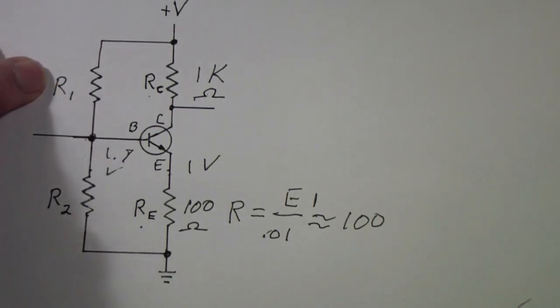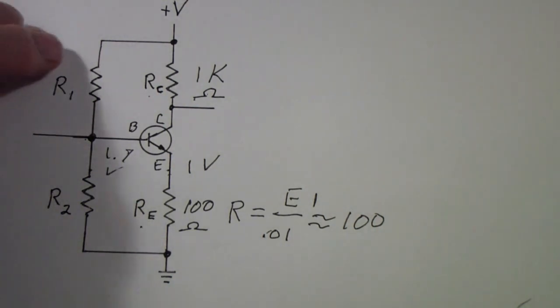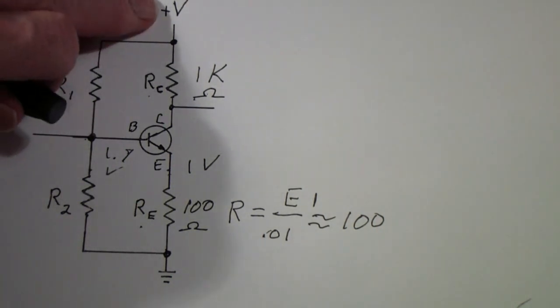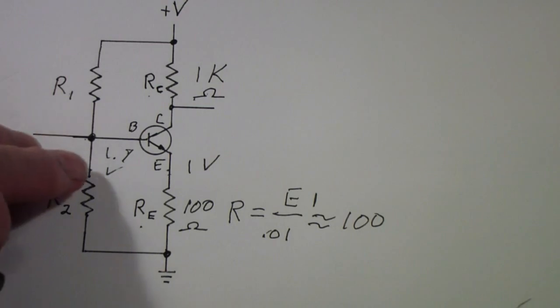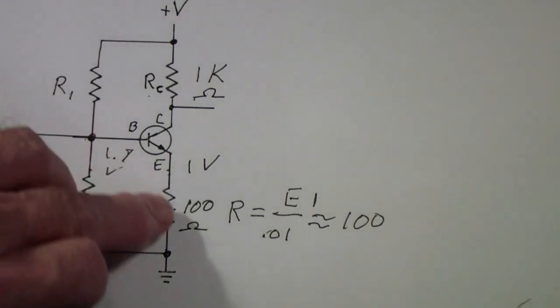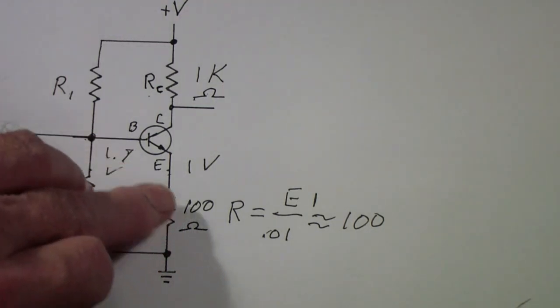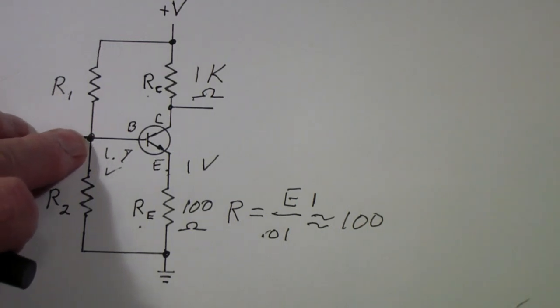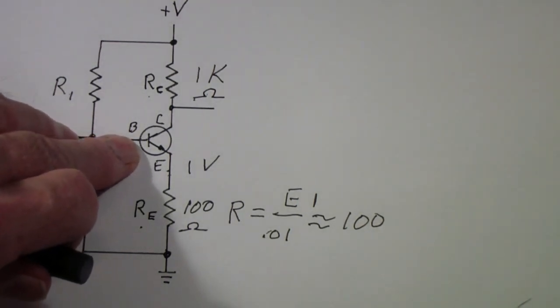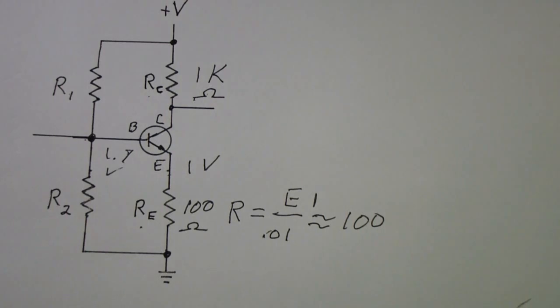We're going to pick R1 so that, given our supply voltage, we can supply about 10 times the required base current to this transistor. So, okay, that sounds pretty complicated. How in the world do we do that? Well, we talked a little bit ago about HFE.